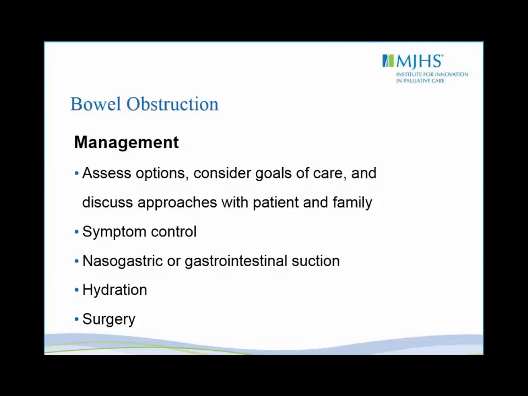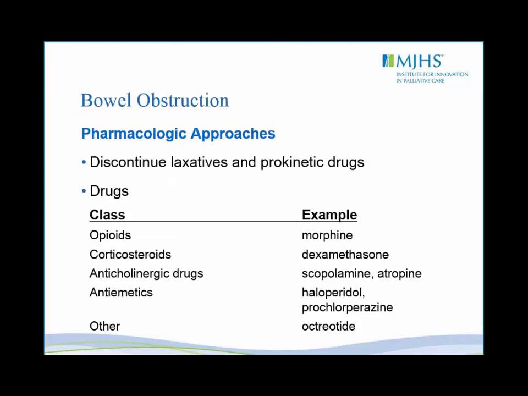Is this patient dying and is that a late phenomenon? Or is this patient ambulatory, like this gentleman I presented, who was still ambulatory, talking, walking, and doing all those activities? That's a different story than having a patient who is really at end of life, because then you may consider surgery, hydration, NG tube, or you may simply have to satisfy yourself with symptom control because the patient is not amenable to any of the other treatments.